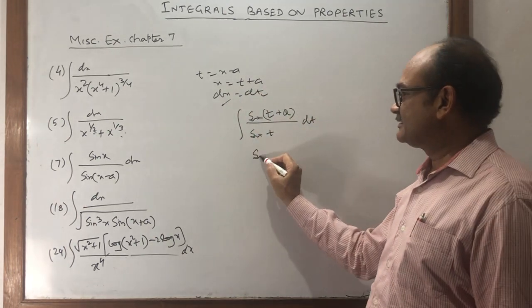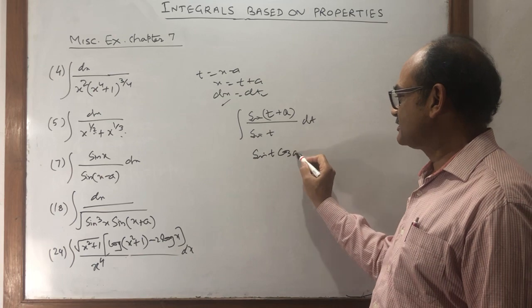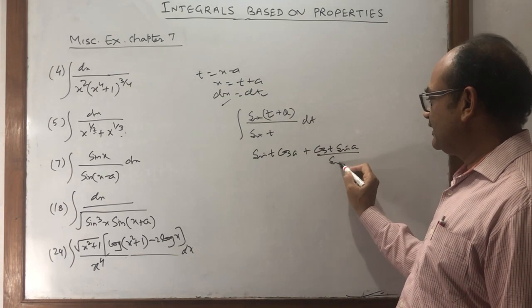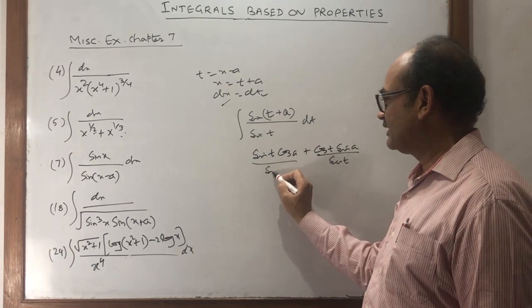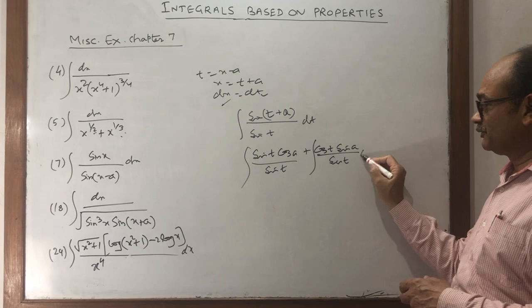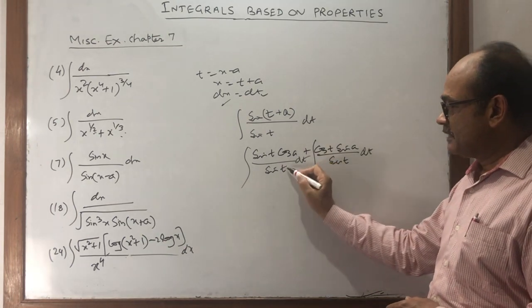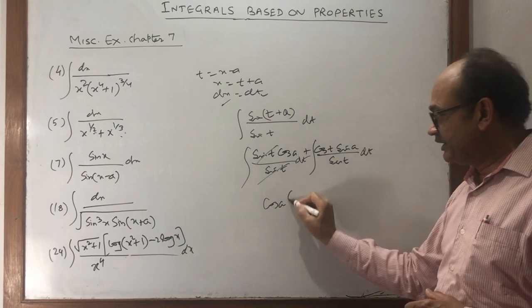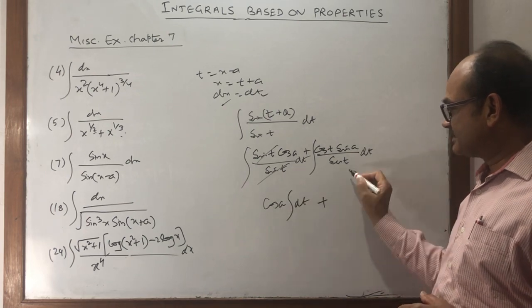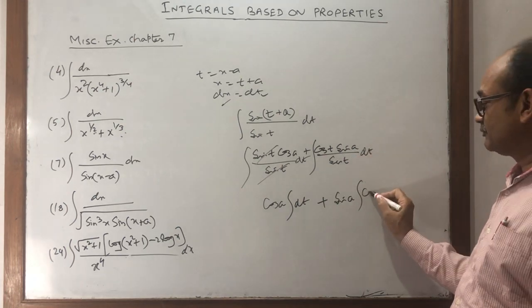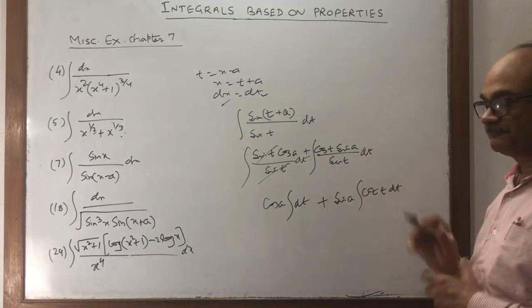This expansion is sin t cos a plus cos t sin a divided by sin t. These are the two integrals with respect to t. Sin t and sin t cancel out, cos a is out, integral remaining of dt plus sin a out because constant, integral of cot t dt.